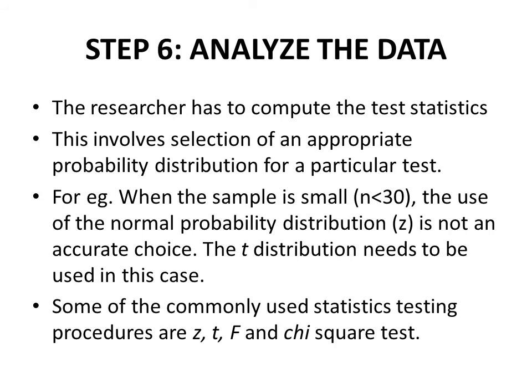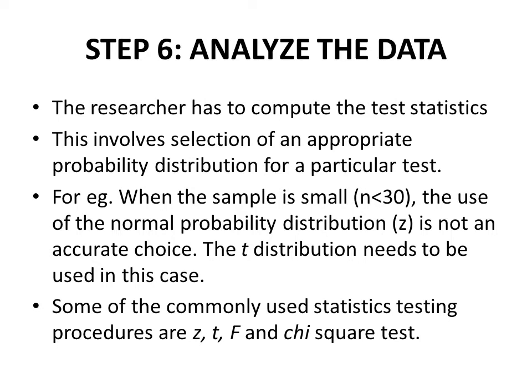Now coming on to step number 6, analyze the data. The researcher has to compute the test statistics. This involves the selection of an appropriate probability distribution for a particular test.